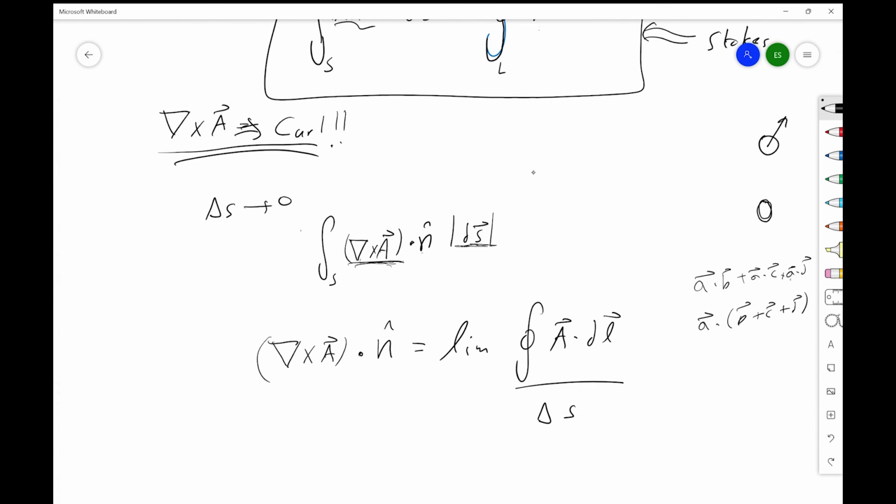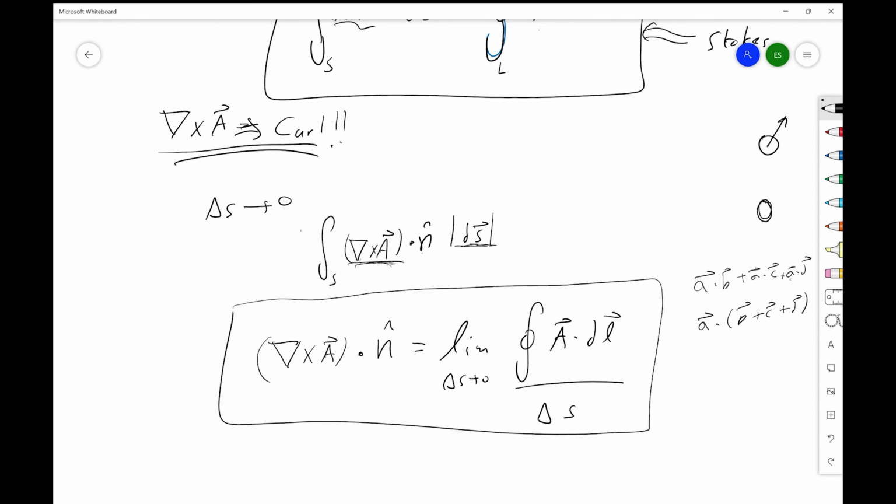So if you take the limit delta S goes to 0, this is really the physical definition. This gives you an idea what the curl is. I'm going to talk a bit next time about the physical intuition of what the curl is. So we start with the mathematics. We're going to talk a bit about the physics, but in short, if the divergence was about how the field is compressed and expanded, how it diverges and converges, the curl is more about how the lines of force of the field twist and shear.